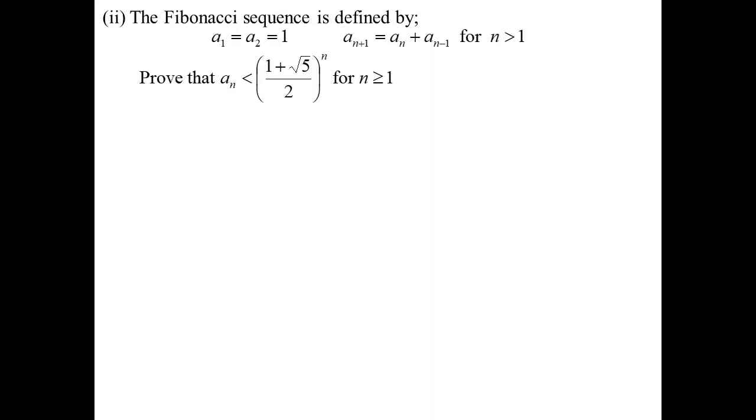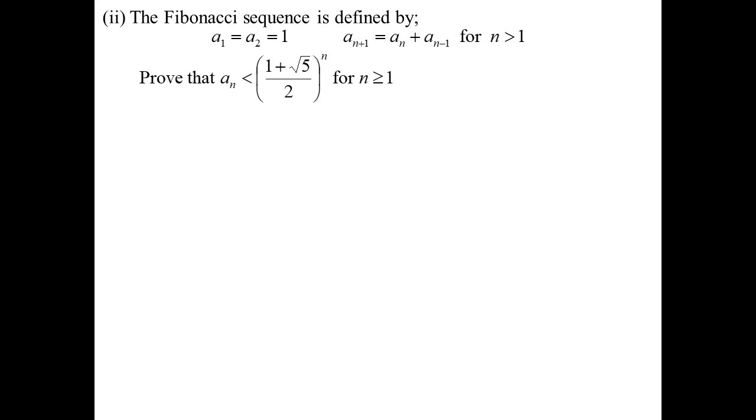Let's look at a more interesting one, the Fibonacci numbers. Remember the Fibonacci numbers? 1, 1, 2, 3, and so on. So there's the definition for the Fibonacci sequence. The first term and the second term are 1. And then we create every term by adding the 2 previous terms. So that's our formula.